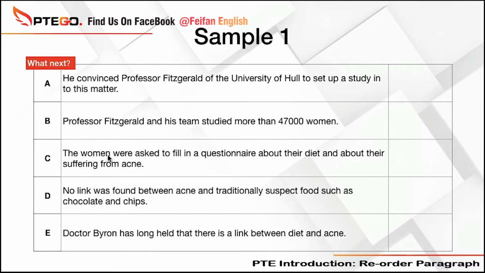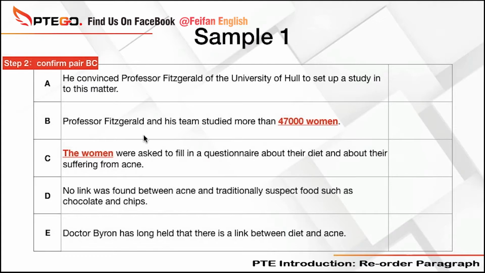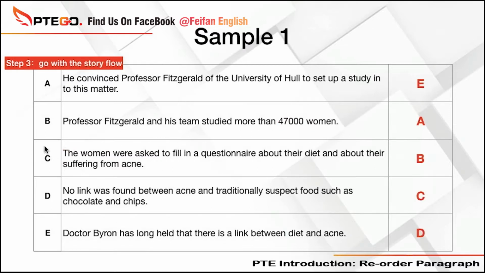The women were asked... Okay, B and C make sense because in B, the professor is talking about 47,000 women in a study, and the same women were asked to fill in a questionnaire. So B and C together is a pair. If you get B and C together correctly, again 1 mark to you. So we have 2 pairs now, E and A, and then B and C, and then the story goes on, go with the flow. After B and C, D makes sense.